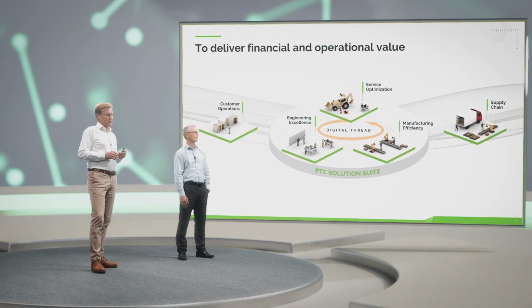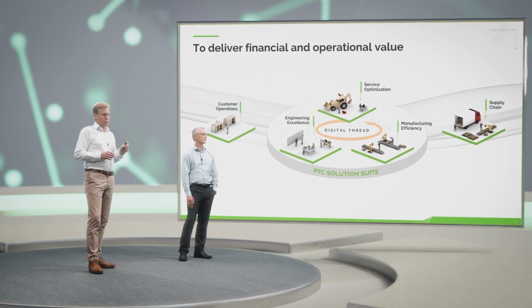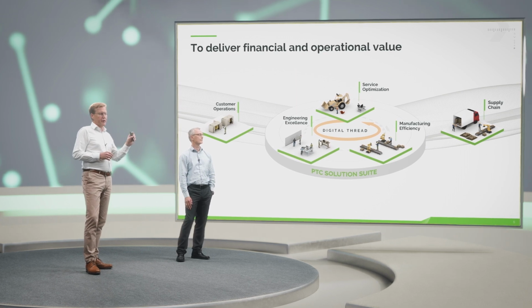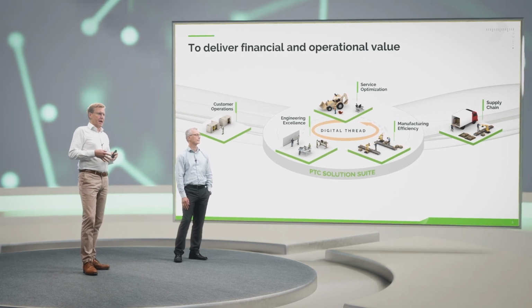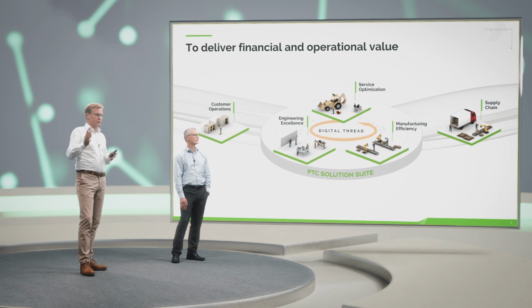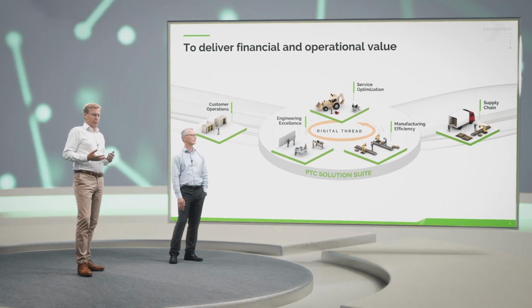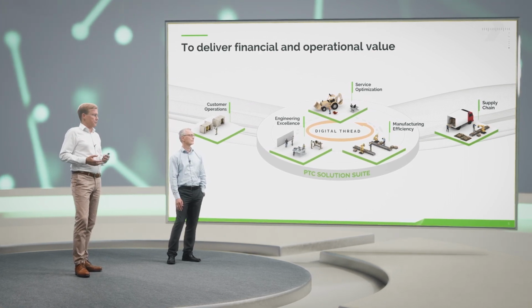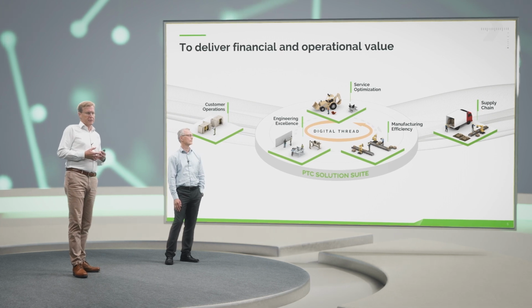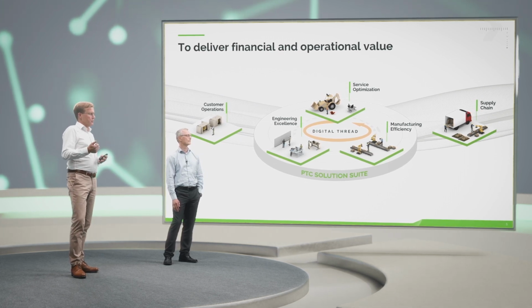That basically means having all the internal functions working together, engineering, manufacturing, and service, so that they have a continuous data flow. But it also, of course, means having all the external aspects covered. First of all, supply chain, so all the incoming goods that help you to produce the products, and also the customer operations, which we will see on the next slide.